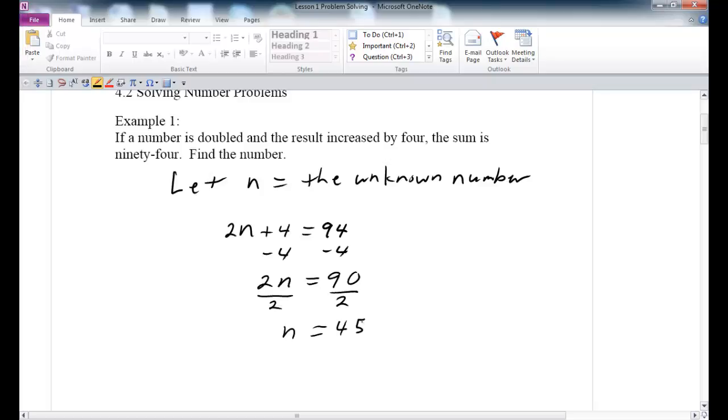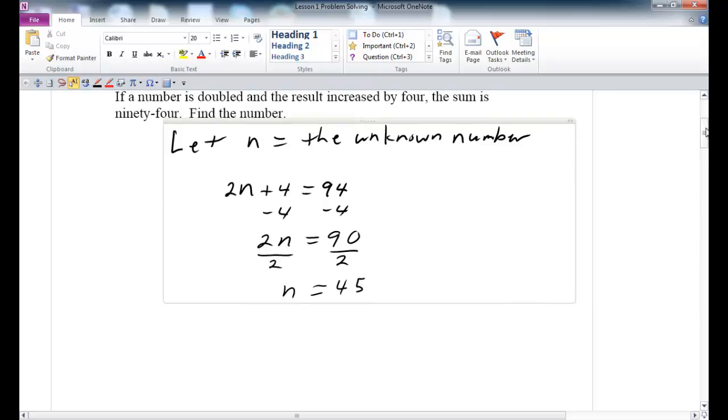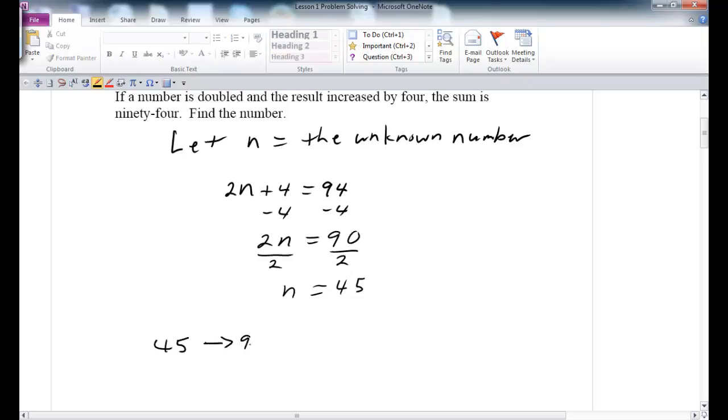The beauty of this unit is we can check all our answers. We said the number n was 45, so let's check that. We say when 45 is doubled, so that'll give us 90. And the result is increased by 4, so that will give us 94. The sum is 94. And so we must have done it properly. Everything's working out beautifully.